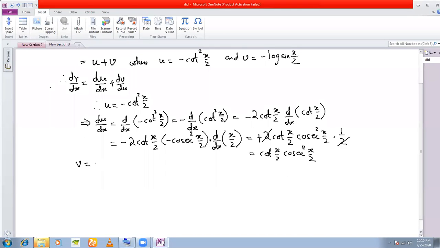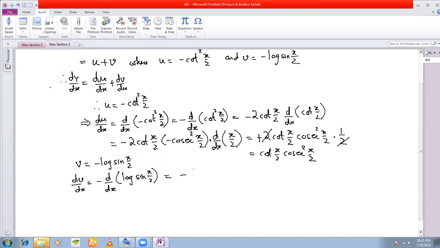We start with v. v is equal to minus log sin x by 2. dv dx is equal to minus d dx of log sin x by 2. How do we differentiate this?